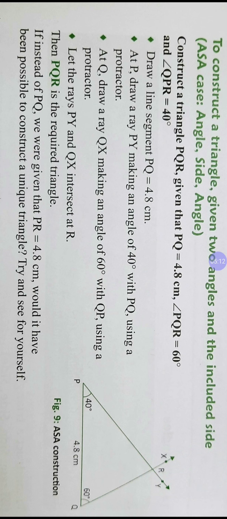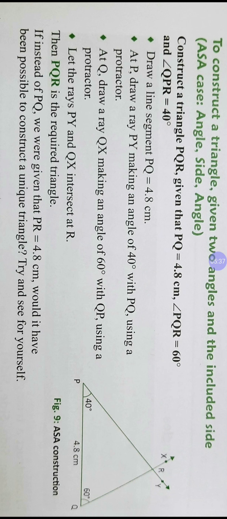We have been given only one side, so obviously we have to draw that one side first. We will draw PQ 4.8 centimeter. After that, angle QPR is 40 degree, so at point P we will draw a 40 degree angle with the help of a protractor.